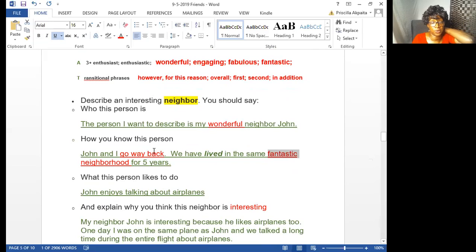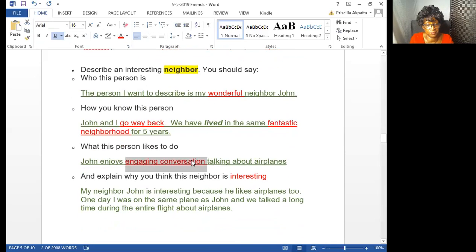So let's go with John enjoys engaging conversation about airplanes. So we see now we're taking out the word talking and putting in 2 3-syllable words, which is engaging conversation.